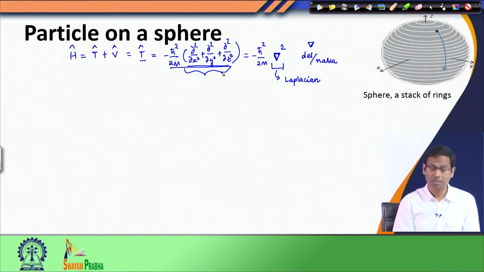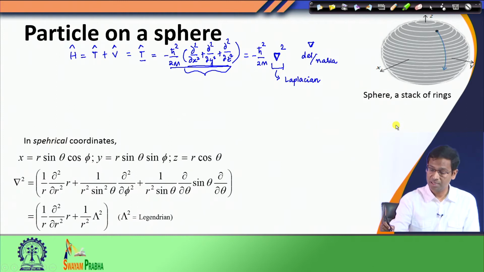Now, what we would do is recall how we defined our spherical coordinates. In spherical coordinates, we had x, y and z defined in terms of the r, theta and phi variables. So, x, y, z are the Cartesian coordinates, and r, theta and phi are the spherical coordinates.